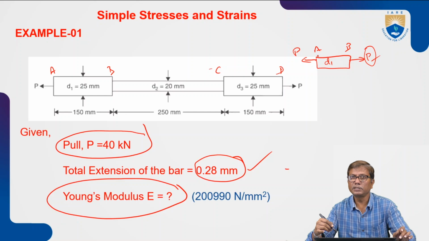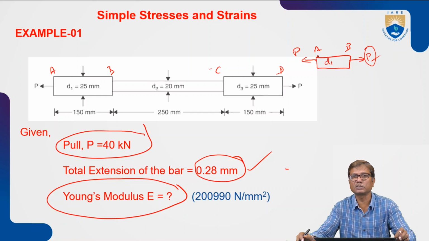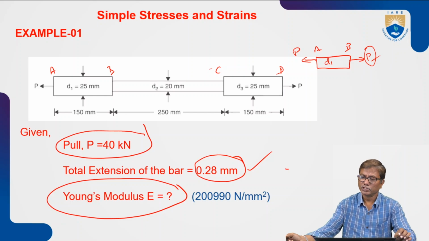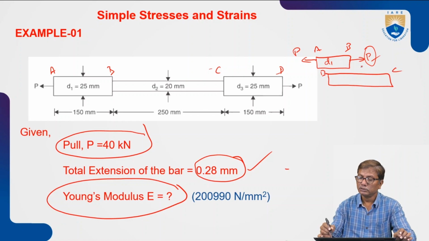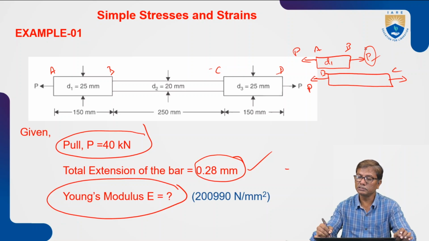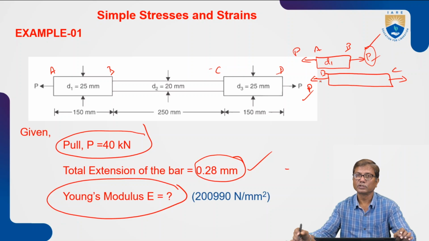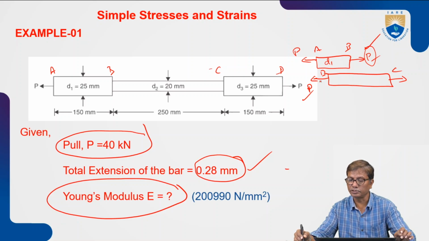That means the member portion AB is subjected to axial pull. Similarly, portion BC, if you consider, it will have a force P here to balance this, acting in the opposite direction, that means towards left.